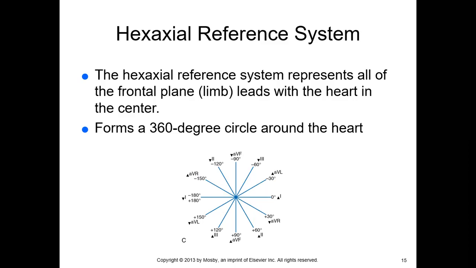The system forms the 360-degree circle surrounding the heart. The positive end of lead 1 is designated 0 degrees. See it right here? The 6 frontal plane leads divide the circle into segments, each representing 30 degrees.